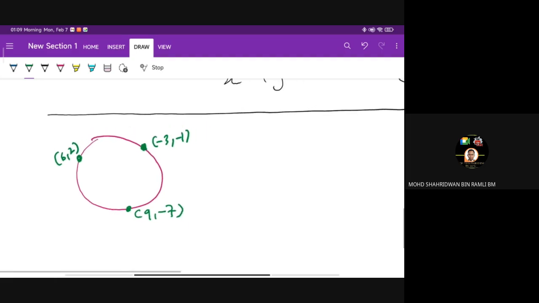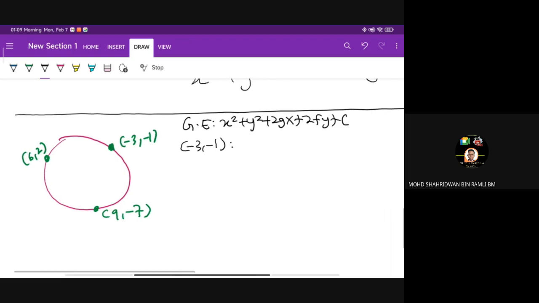Simple, right? Okay, and then substitute all into the general equation. The general equation is x squared plus y squared plus 2gx plus 2fy plus c equals 0. Just substitute our first point, (-3, -1).